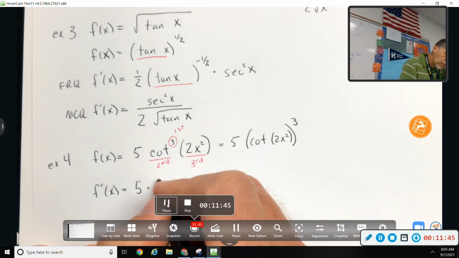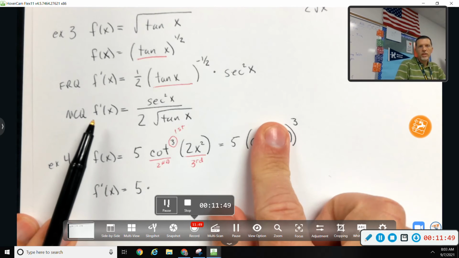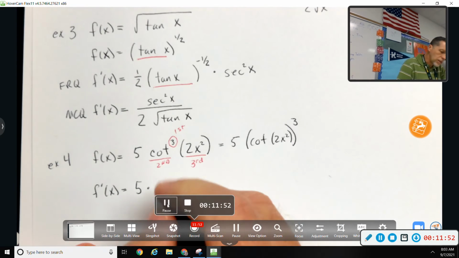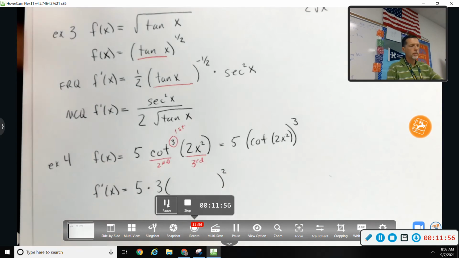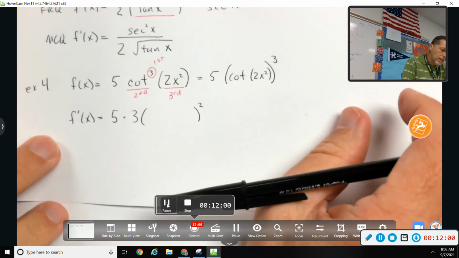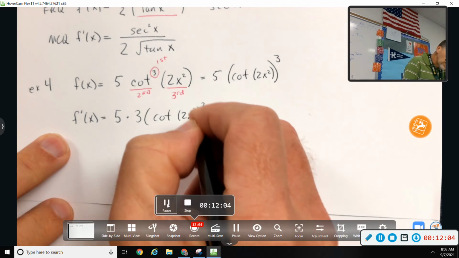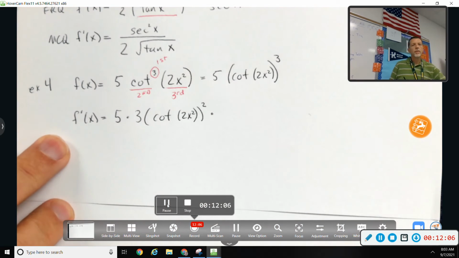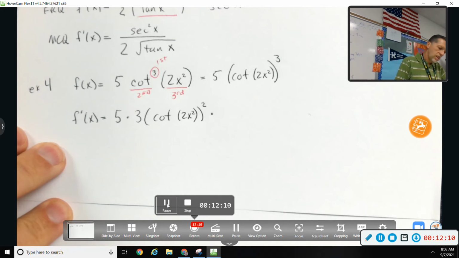All right, so the 3 comes down front, because don't worry about the inside, we got something cubed. So the derivative of something cubed is 3 times the thing squared. And don't mess with the inside, one layer at a time. So cotangent of 2x squared. All right, that was link 1 of the chain.